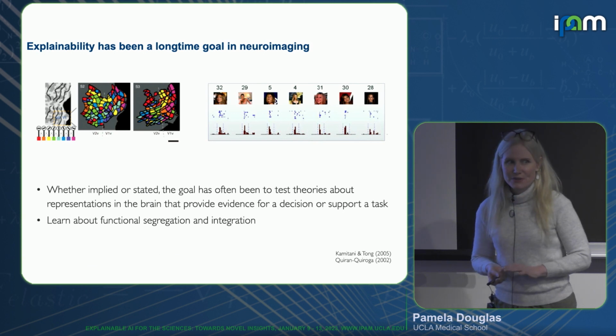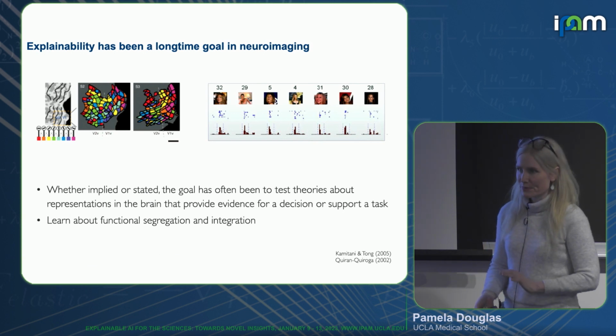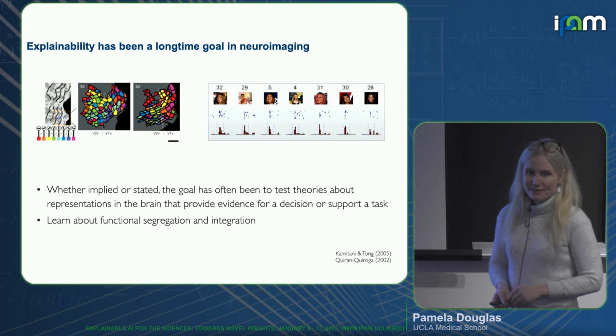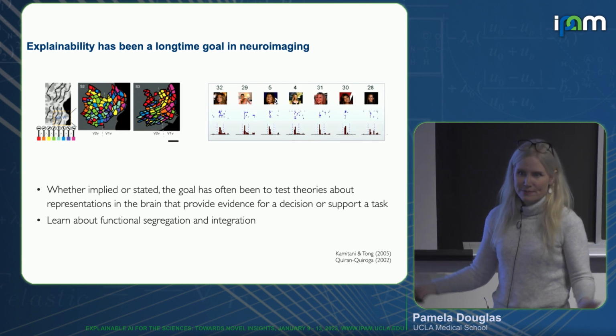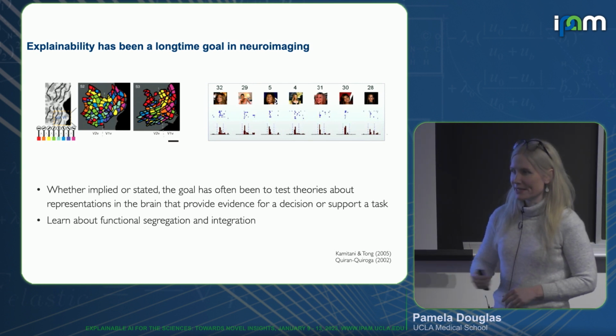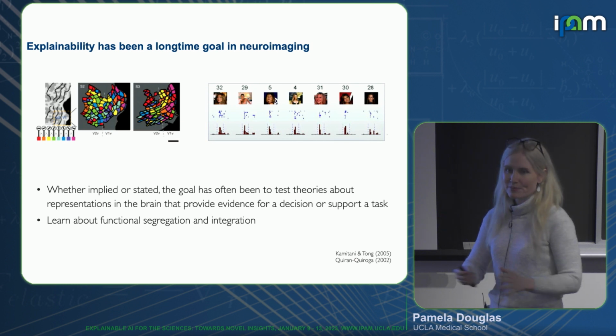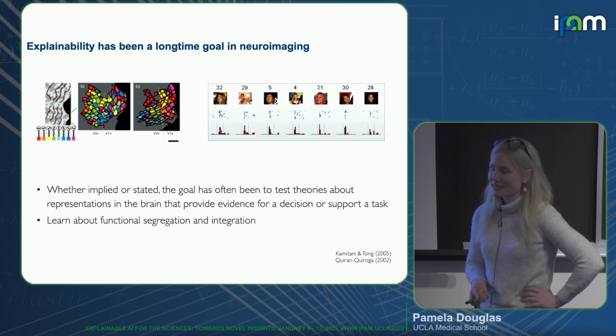Even though explainability may be new to certain domains, it's really been a core fundamental in the neuroimaging community almost since the beginning of machine learning models being applied to neuroimaging data.